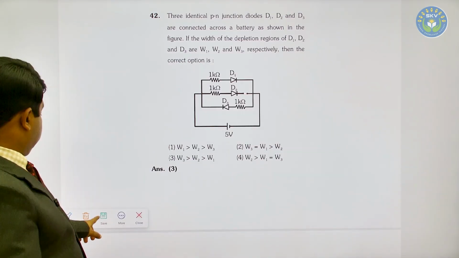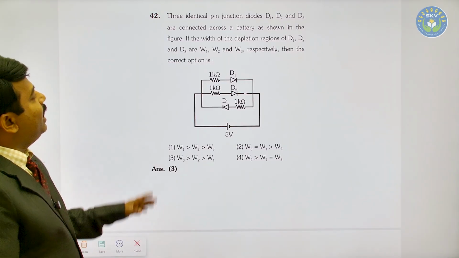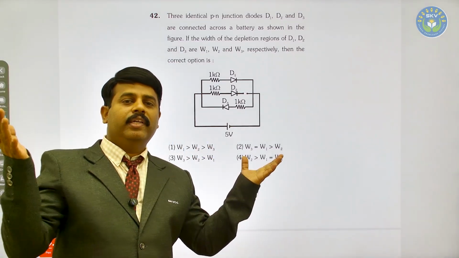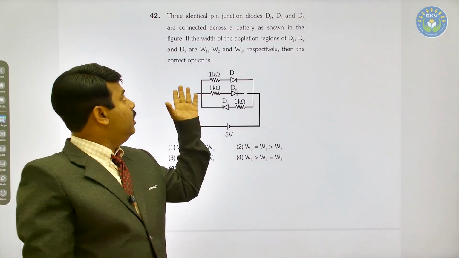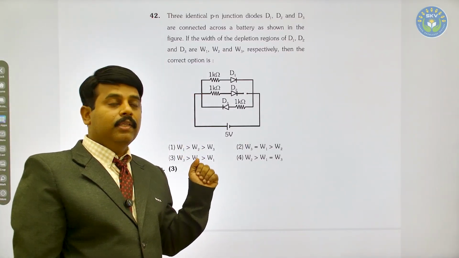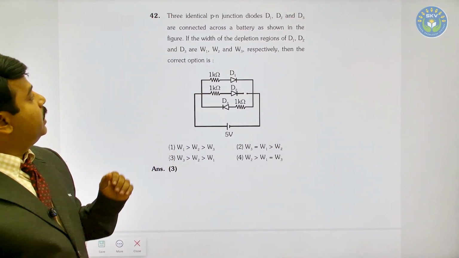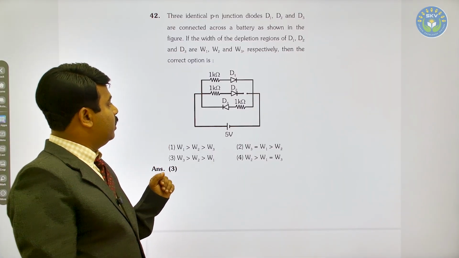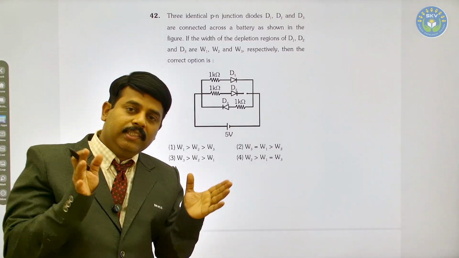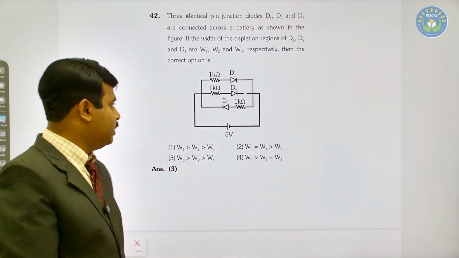All right. Question number 42. Three identical PN junction diodes D1, D2 and D3 are connected across the battery as shown in the figure. The widths of the depletion regions are W1, W2, W3. Where is the depletion region width maximum? The reverse biased diode.